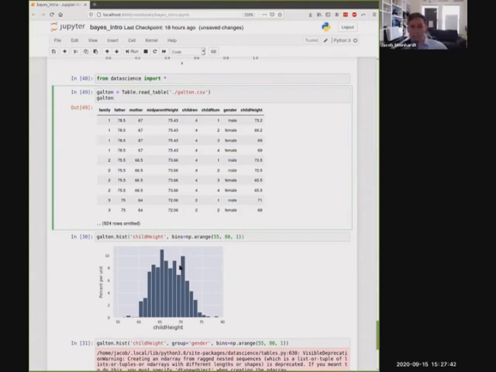So can anyone think of a reason why height would not be particularly Gaussian? Okay, so a few good points. You can't have a negative height. That's true, so it won't be exactly Gaussian. You could just have this from a small sample size. I think Thomas hit the nail on the head, though.